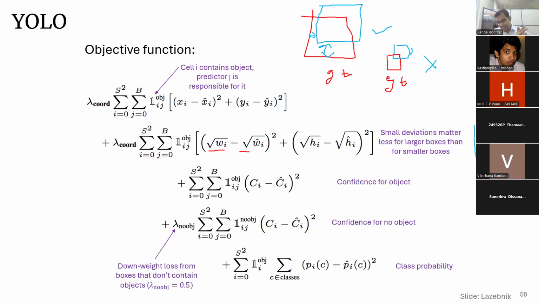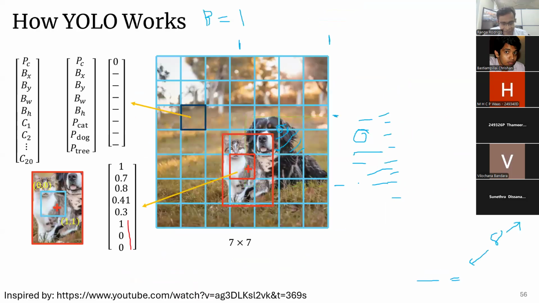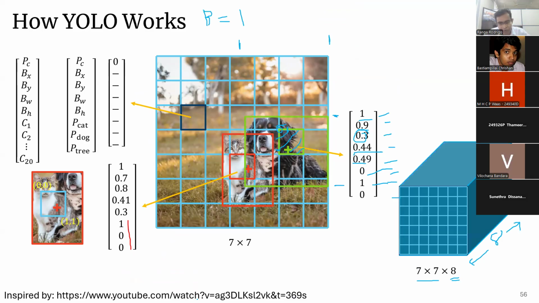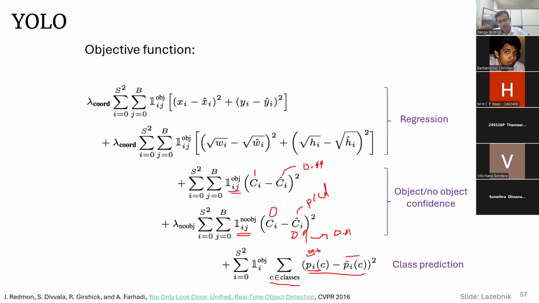So when you want to understand a paper or some system, my trick was I carefully looked at the ground truth data. That's why I gave this slide to you. Actually, I was inspired by this video here. You can see I have listed that. I explained what ground truth should look like. If ground truth looks like that, then you know how the objective function should compute.